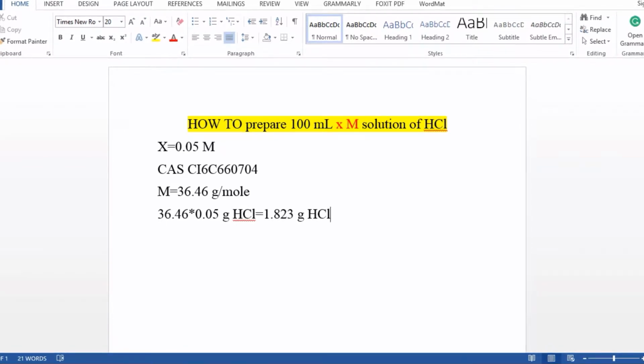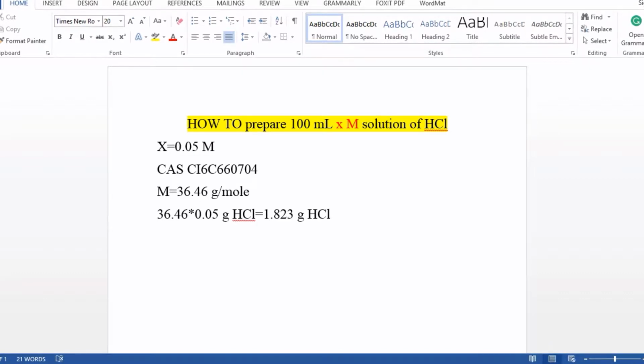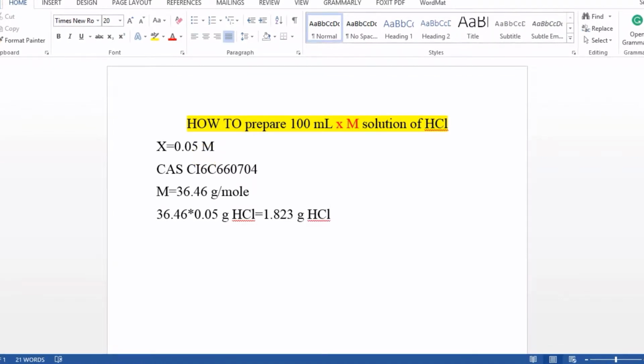So literally, if we dissolve 1.823 gram of HCl acid and make the final volume to 1 liter, it will give us 0.05 molar HCl.